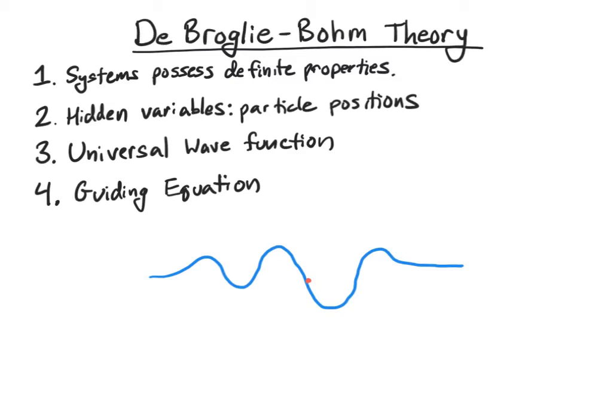And, in fact, even a static wave function can result in moving a particle around. But the point is that the wave function literally does guide the motion of the particles, and it does so according to the rules of the guiding equation.